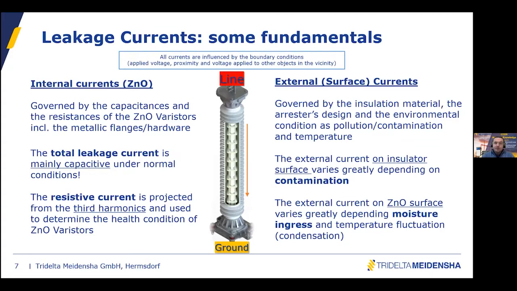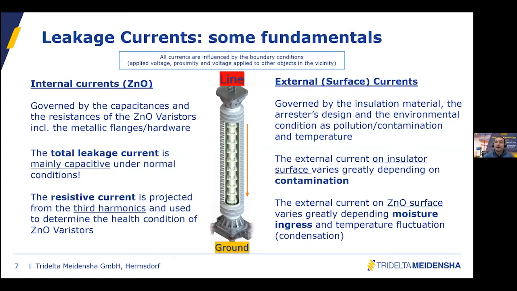Before we talk about failure modes and about the device, the smartCOUNT itself, it's important to talk about the currents, the leakage currents. As you know, the leakage currents could be our enemies, but they are also our allies, because they help us to actually assess the condition and provide information.